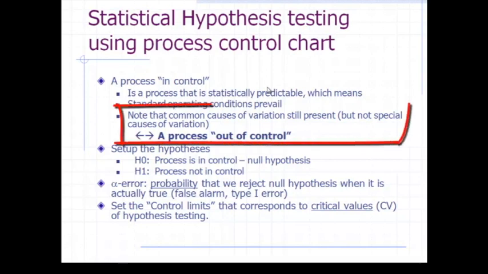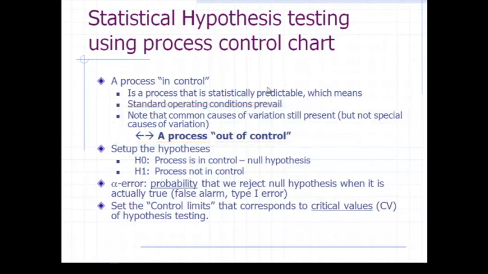However, you have to note that when a process is in control, there could still be common causes of variation, and it's normal to have these common causes of variation. However, if there are no special causes of variation, then we call this process in control.